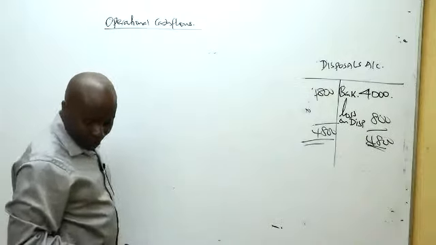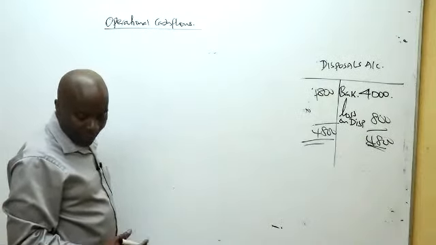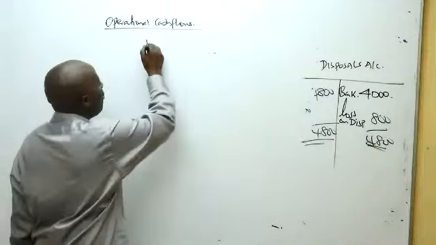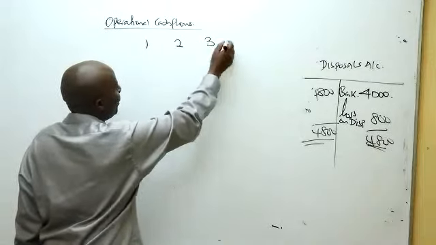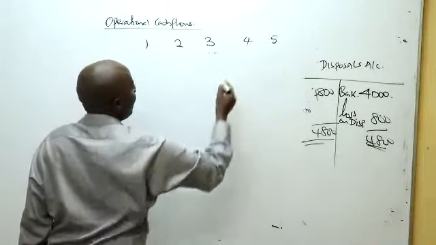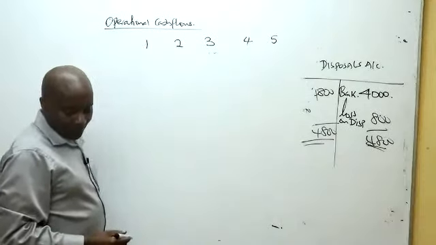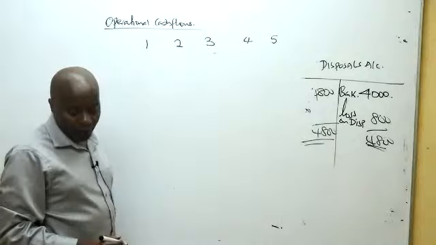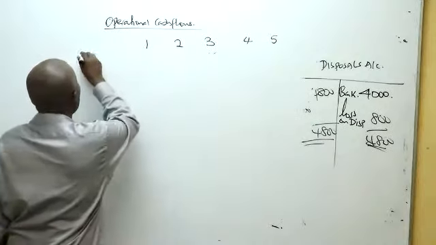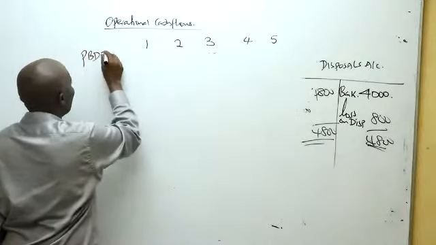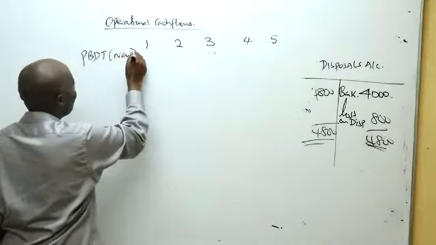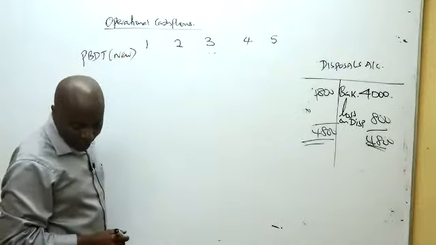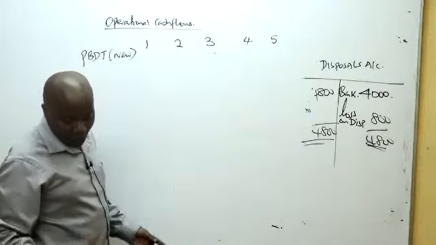So under operational cash flows, we have 5 years. They have given us year 1, year 2, year 3, year 4, year 5. Ladies and gentlemen, I'm able to see the profit before depreciation and tax. New machine. I can see 5,400 throughout.